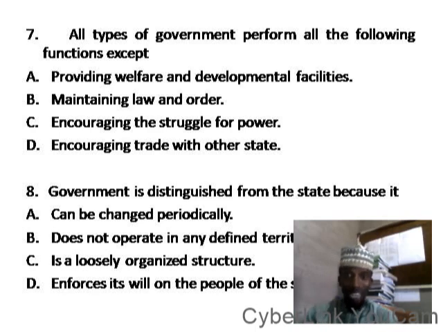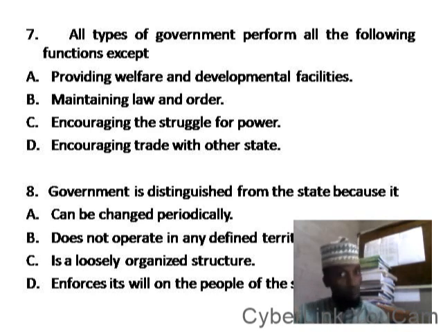So in Nigeria, every 4 years, a government leaves office, another one comes. The maximum is 2 terms. So after your term, you are going. That is, government is frequently changing, but the state remains the same.